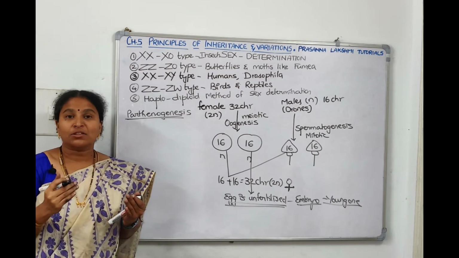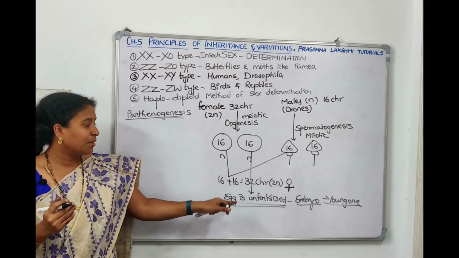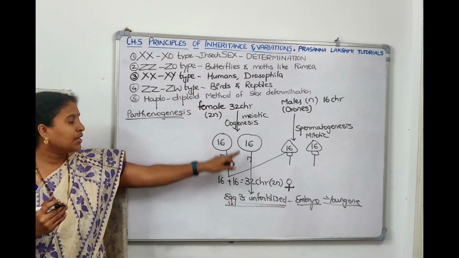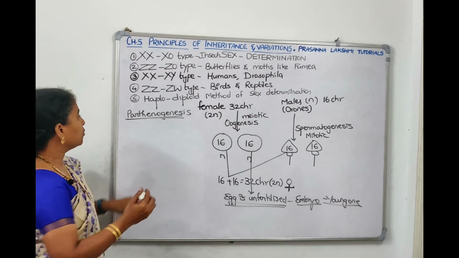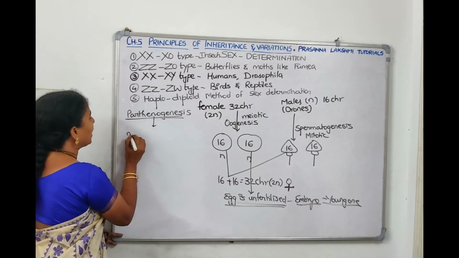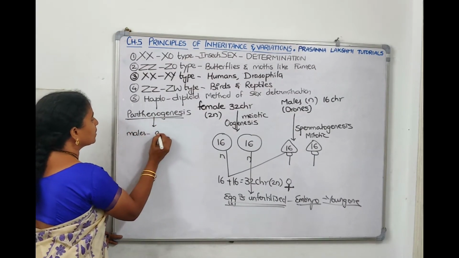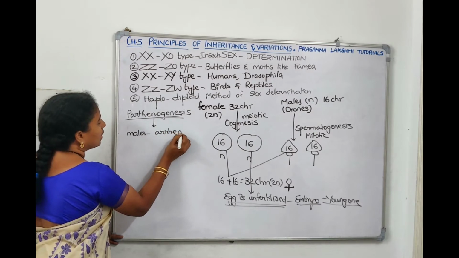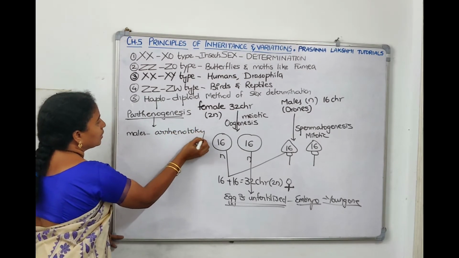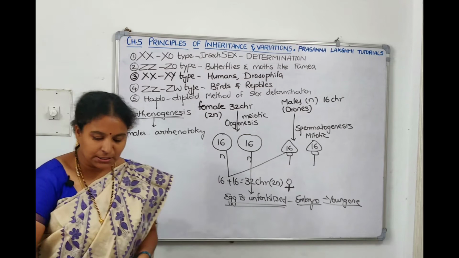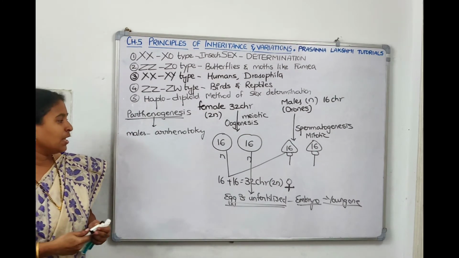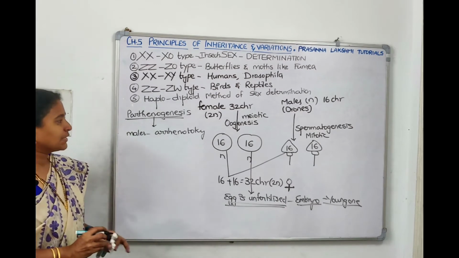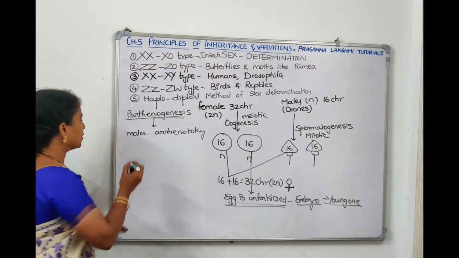By parthenogenesis, males are obtained here because the egg is haploid. 16 means it is haploid, meaning male. The process of parthenogenesis where males are obtained is called arrhenotoky.